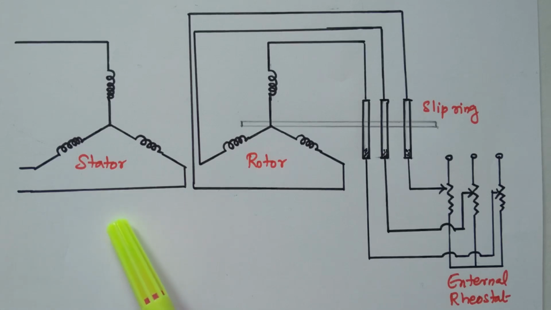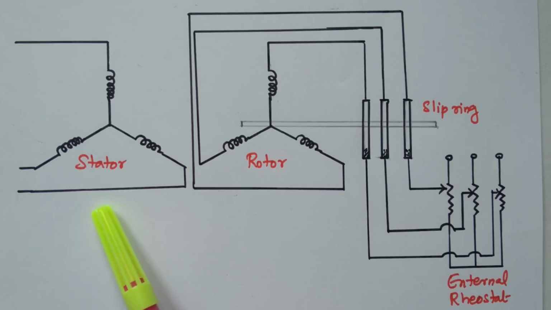So where the voltage is reduced, the current drawn by the stator also reduces. That is our main objective. During starting, the current drawn by the stator should be limited in order to avoid damage. If the stator takes less voltage, automatically the current taken by the stator is less.